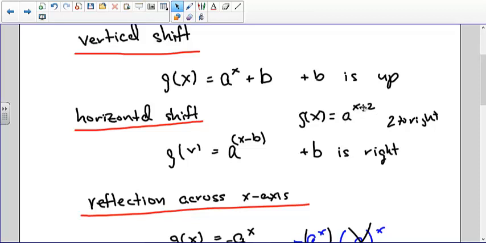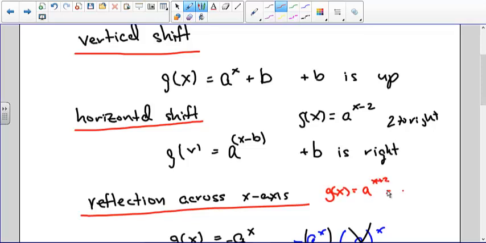If it was x plus 2, it would be x minus a negative 2. So let me just show that. If we had a to the x plus 2, that's the same as a to the x minus negative 2. So that would be 2 to the left.